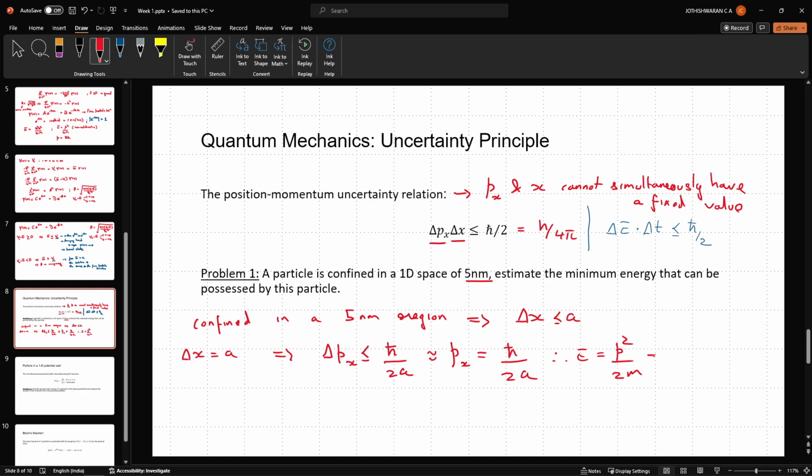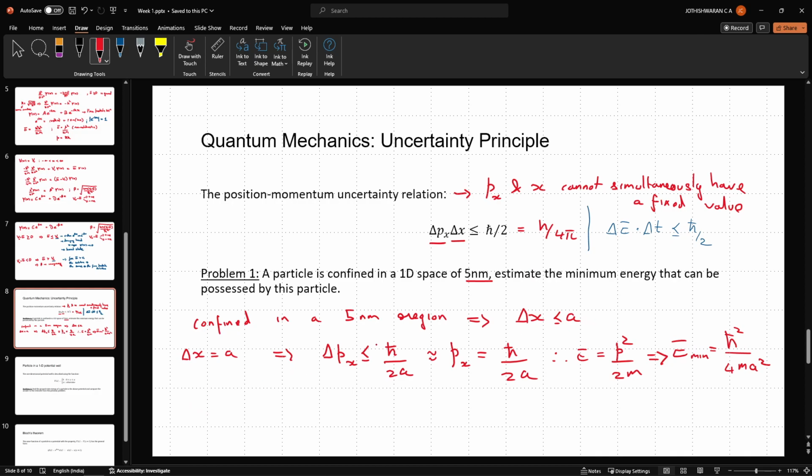So that will give us a minimum energy, E min, of h bar squared upon 4 m a squared. So this is the minimum possible energy the particle can have if it is confined in a space of length a.